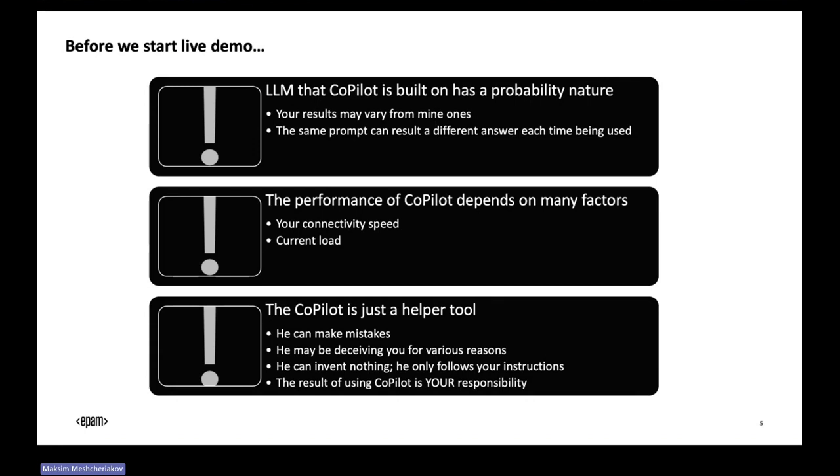If you'd like to get a reasonable answer, you have to provide Copilot with a reasonable question. The right question for the right answer is your responsibility. And finally, the result of using Copilot is your responsibility. You can't say, oh, it's Copilot's fault, not mine. It will be your fault in case of any issues, in case of any failure using Copilot. The final result will be your responsibility, and all issues will be your fault.